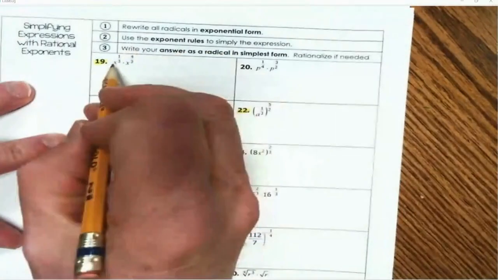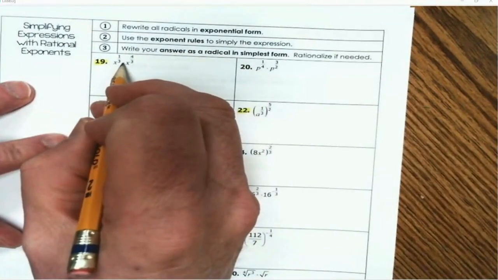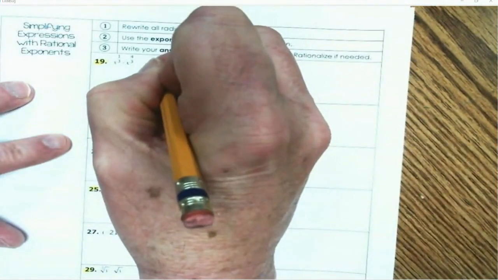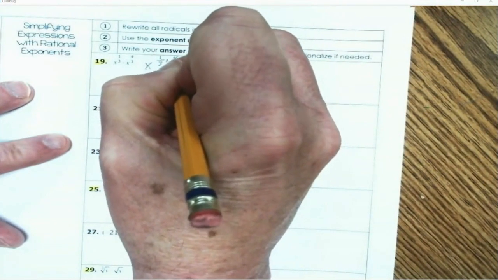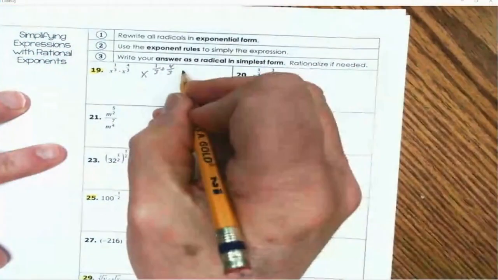So this is the same base. They both are x's, and they're being multiplied times each other, which means we can add the exponents. So that's the same as x to the 1/3 plus 4/3, which equals x to the 5/3.